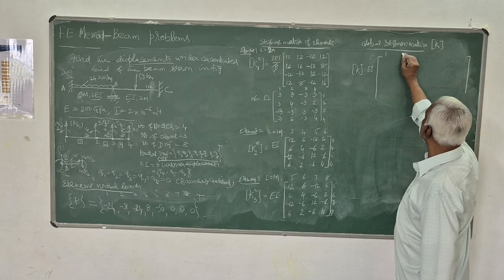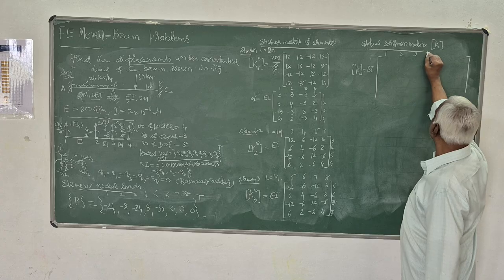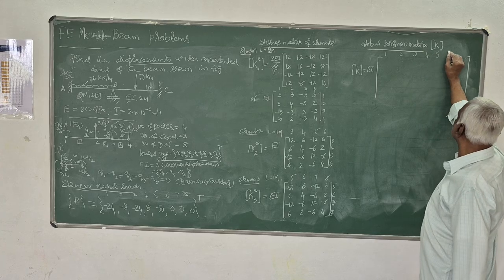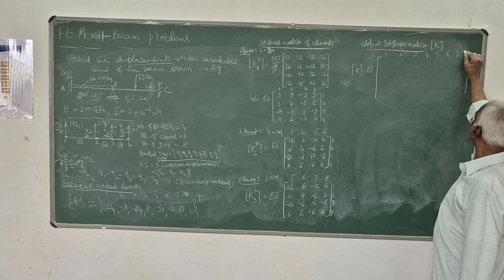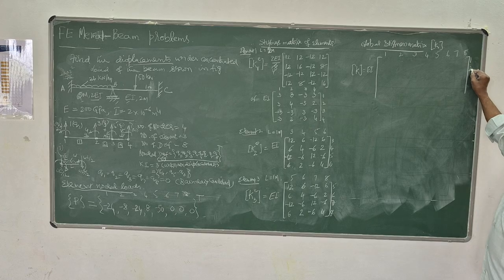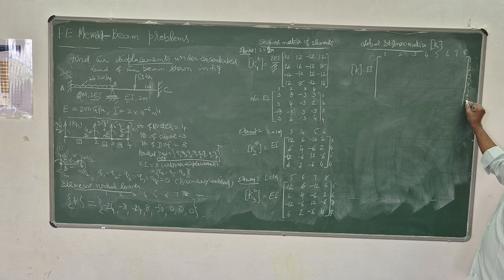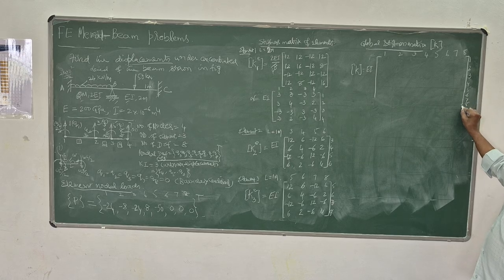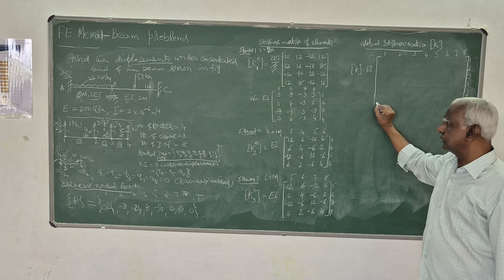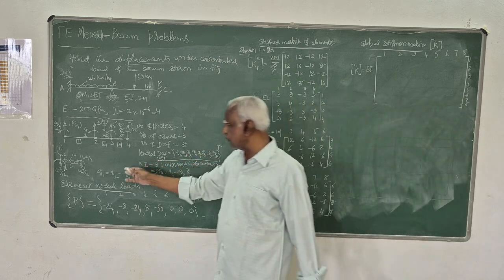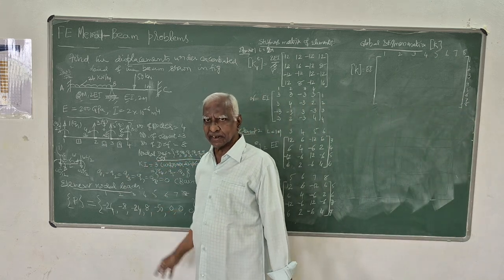That is 1, 2, 3, 4, 5, 6, 7, 8. For all the 8 degrees of freedom, whatever you got, you have to generate.